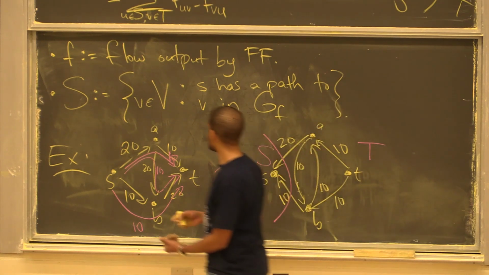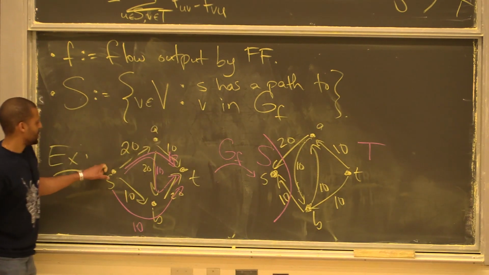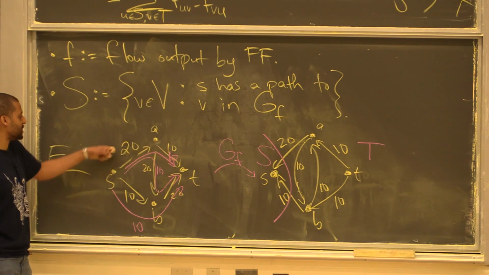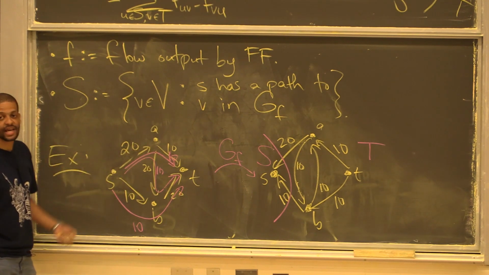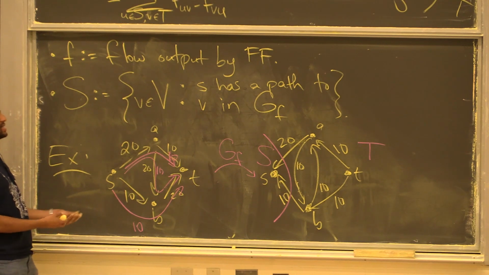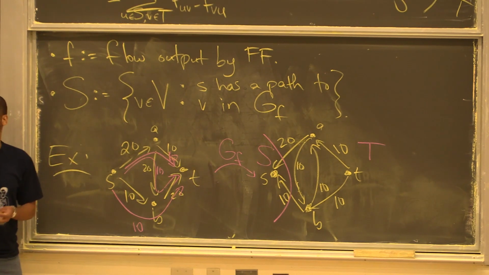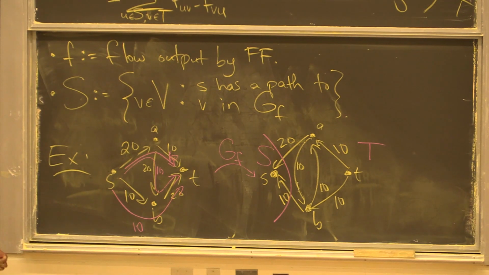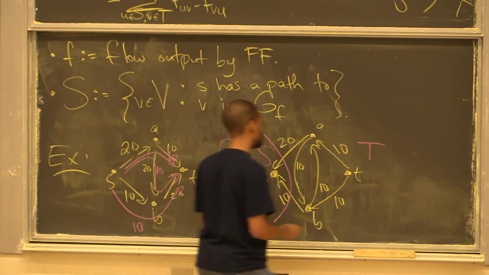Well, let's look at the original graph. It's just S by itself. The total capacity going from S to the rest of the graph is this edge plus that edge, 20 plus 10 is 30. So in this example, it gave us 30, which actually is the value of that flow. Okay, so that's just an example. Why does this always work?